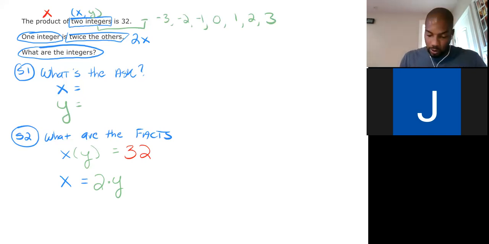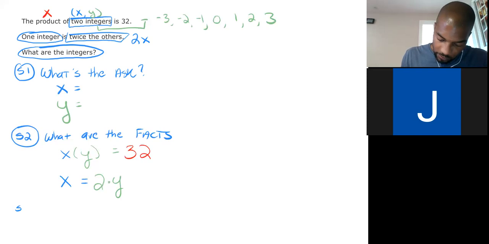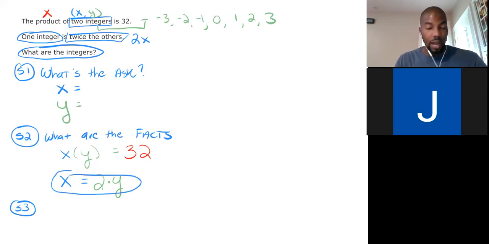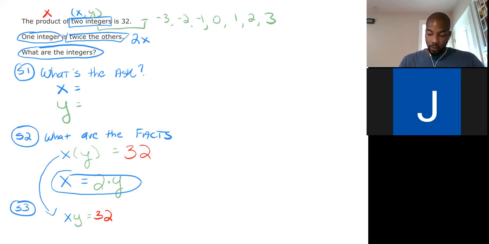Why? Because I have these two equations. So now I try to solve the equations. Do I know what one of the variables equals? I do. I know what the x equals. The x is equal to 2 times whatever y is. So in this original equation, I replace what my x is with what I think its value is, according to what they told me, which is 2 times y.